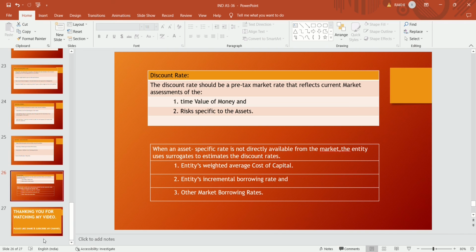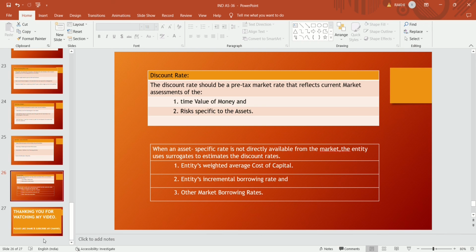And when an asset-specific rate is not directly available, if the market discount rate is not available for determining the value in use, then the entity will use a surrogate to estimate the discount rate: the weighted average cost of capital.